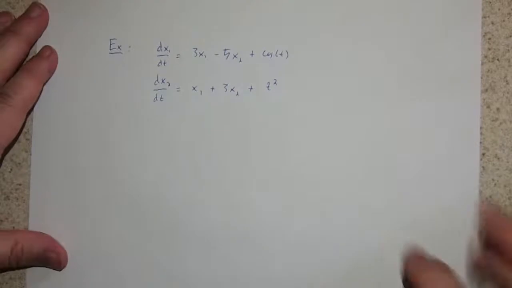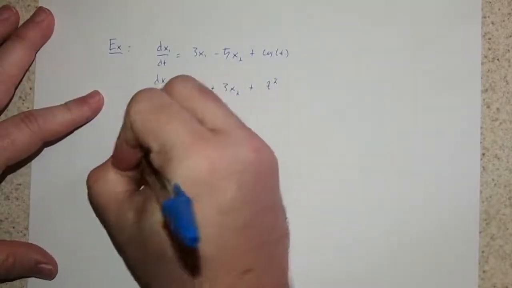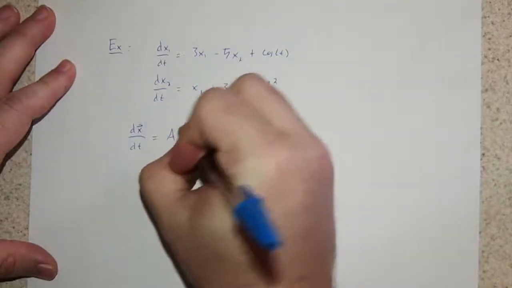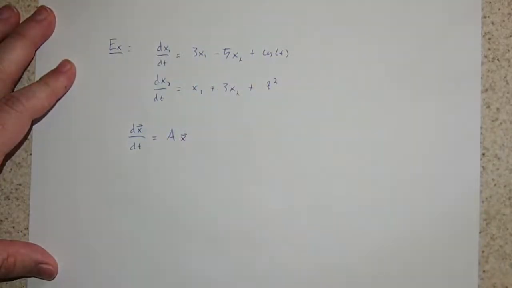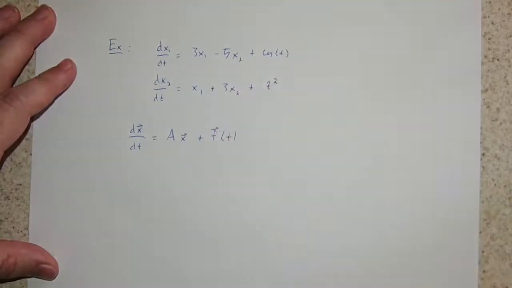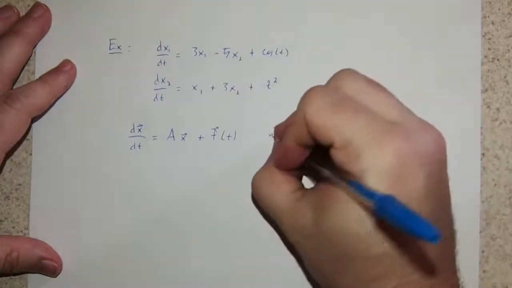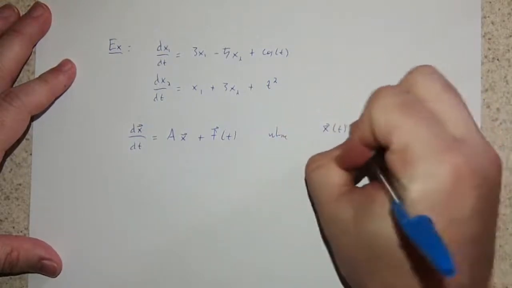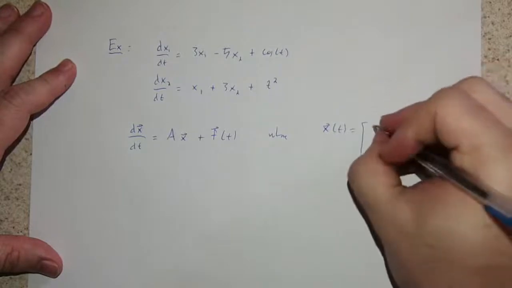So this is actually dx/dt, which is A times the vector x plus f of t, where the vector x of t is my solution vector.